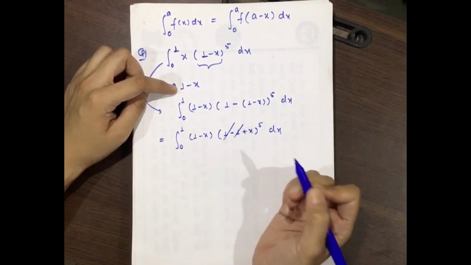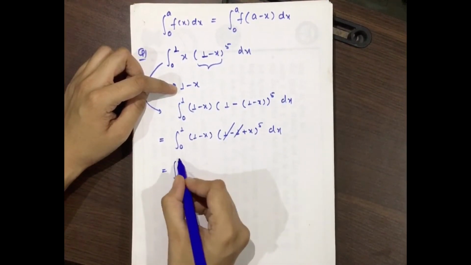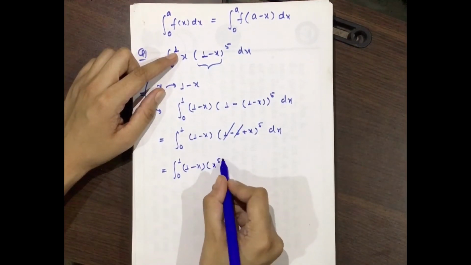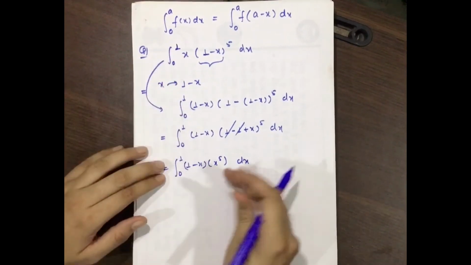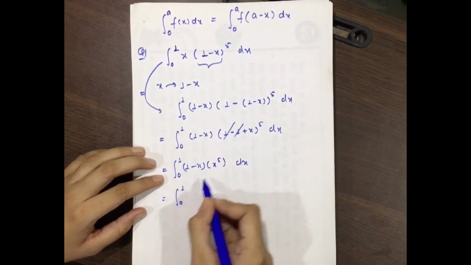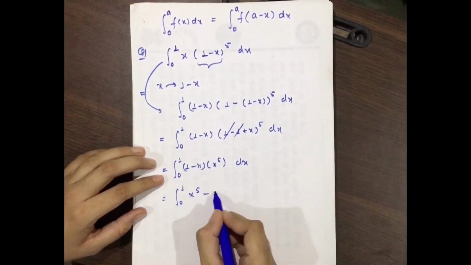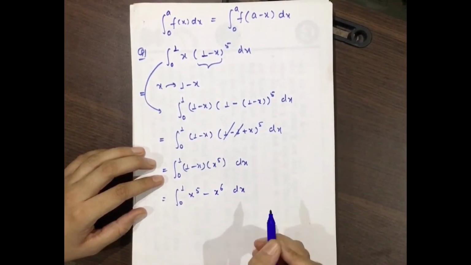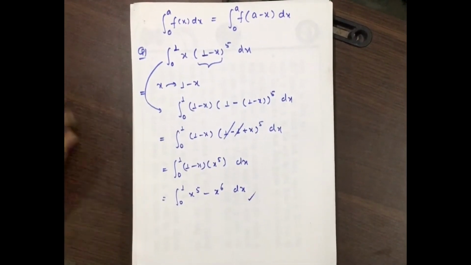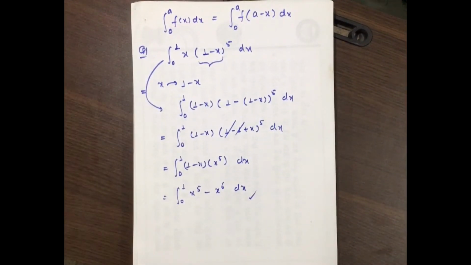So here 1 and 1 get cancelled, and from 0 to 1 we get (1 - x) times x to the power 5. See, we got a very easy version of f(x), right? So the integral from 0 to 1 of x to the power 5 minus x to the power 6 dx can be solved in a very easy manner, so you can easily solve it, right?